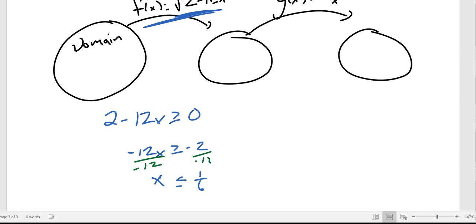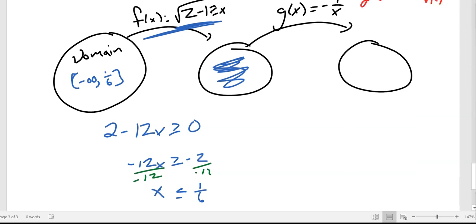Now, the problem is I get a bunch of numbers over here. So I start off, and all of this is from -infinity to 1/6, including that. But on the second piece, the x can't be equal to 0.